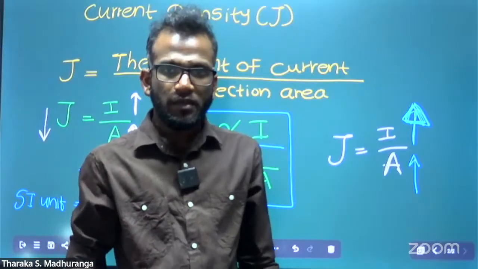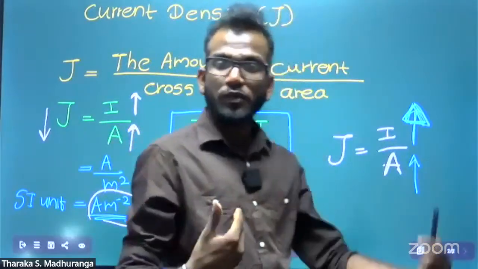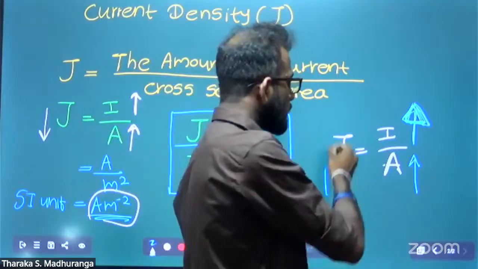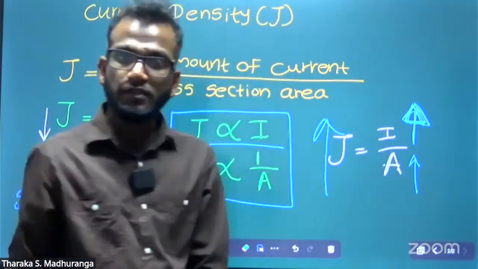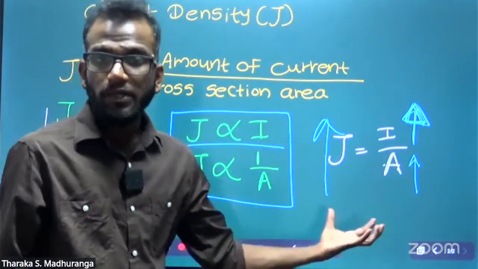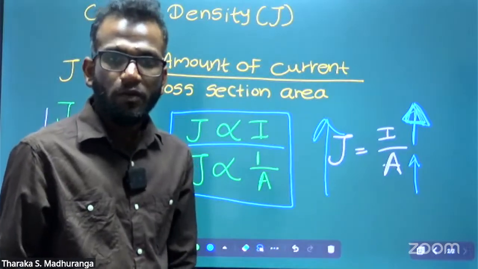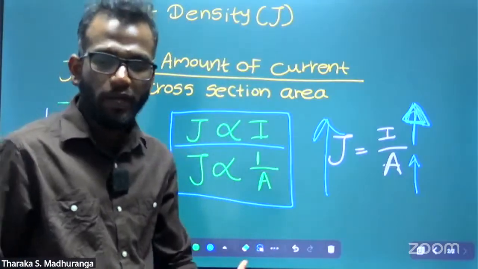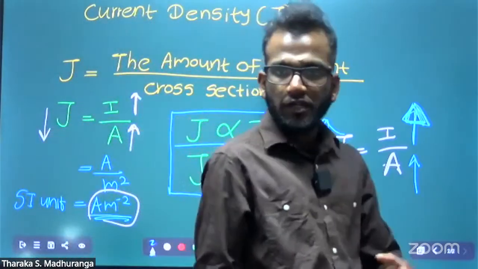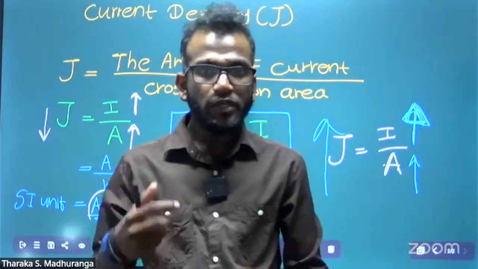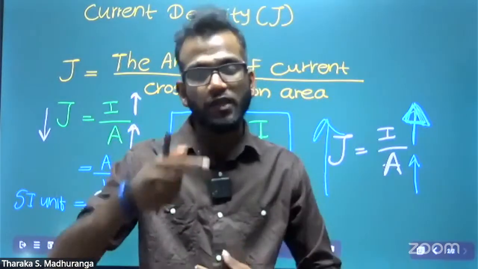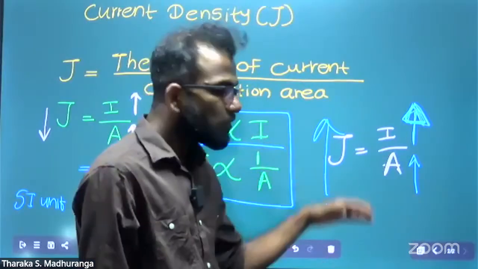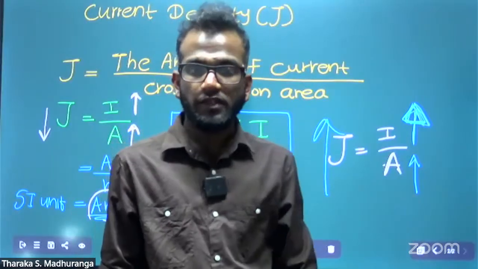If you try to draw more electric current, the current density increases and they can burn. To transfer more electric current, you need to use high cross section area conductors to reduce the current density.